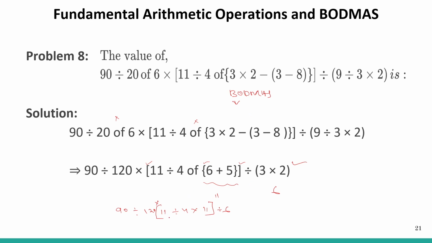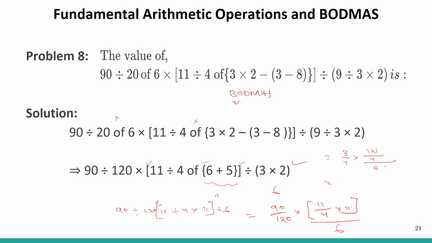So 11 divided by 4, 90 divided by 120 are the terms that come first. So this will be equal to 90 by 120 into 11 divided by 4 into 11, then divided by 6. So we are left with 3 by 4 into 11 square, which is 121 by 4, whole by 6.